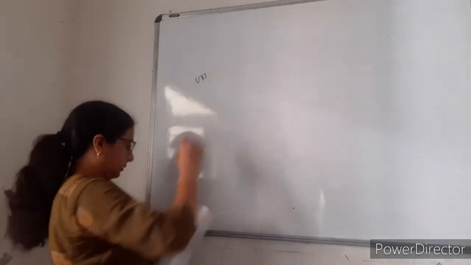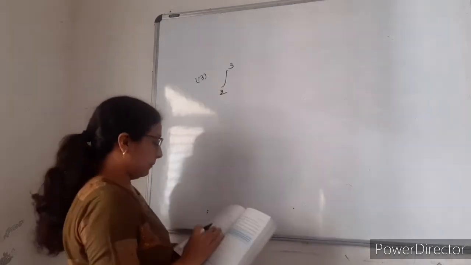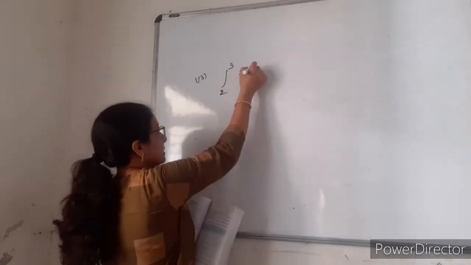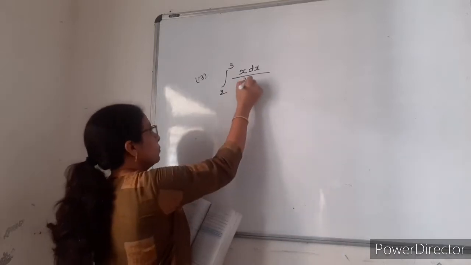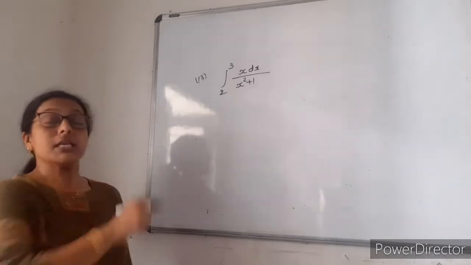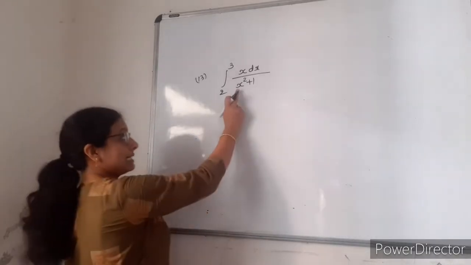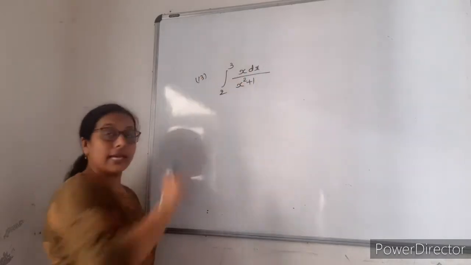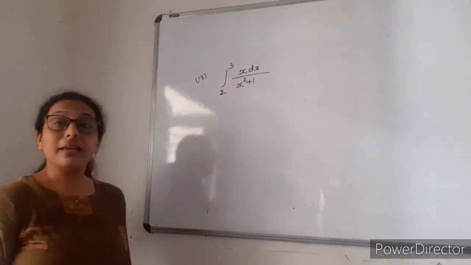Question number 13. Integration from 2 to 3 of x dx upon x square plus 1. Now by the question, can you imagine what to do? Yes, x square is given and here is x. So if you multiply and divide by 2, then you can do it directly.